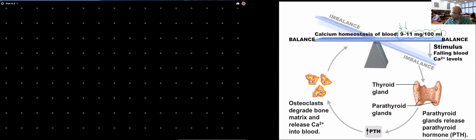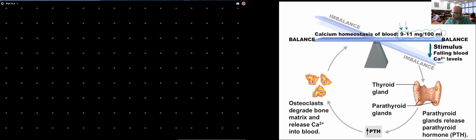So all this needs to be maintained by having normal blood calcium levels. What happens if I don't have enough intake of calcium? So I don't drink milk, I don't have any source of calcium coming in for me to maintain this blood calcium level. This is going to result in a drop in the blood calcium level.